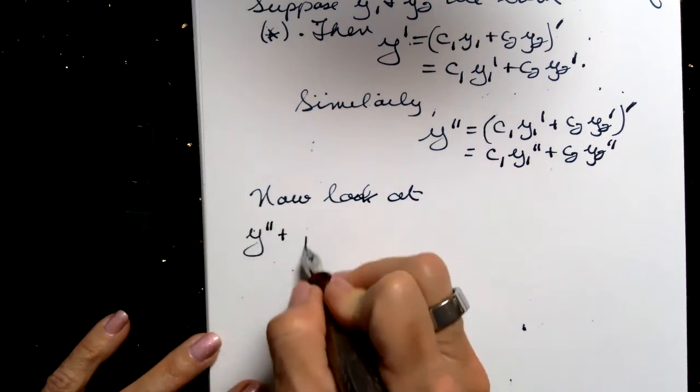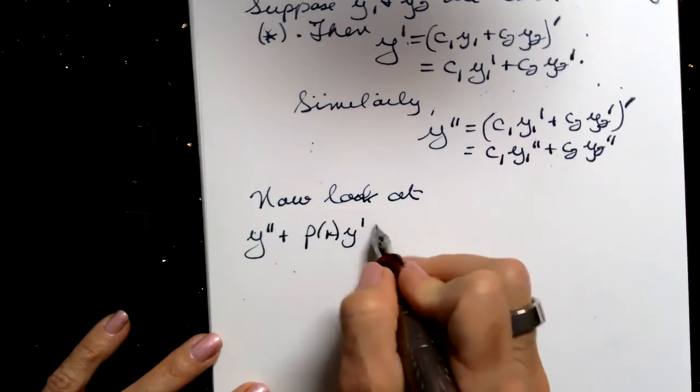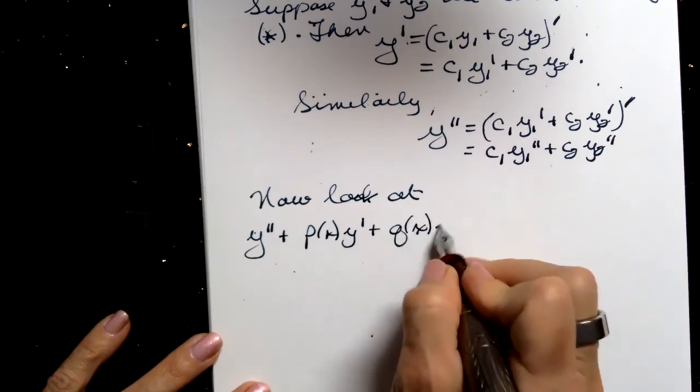Okay. So now look at y double prime plus p of x y prime plus q of x y.